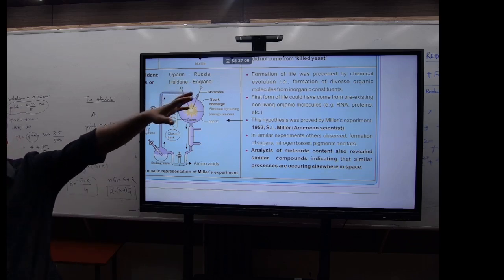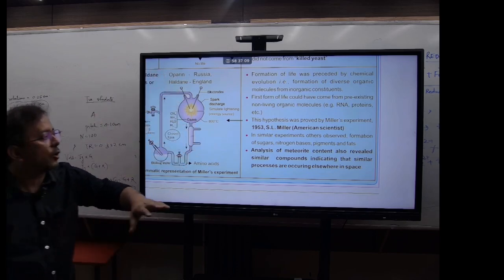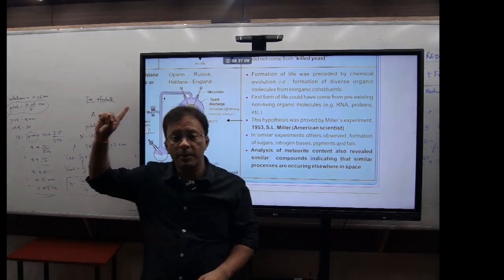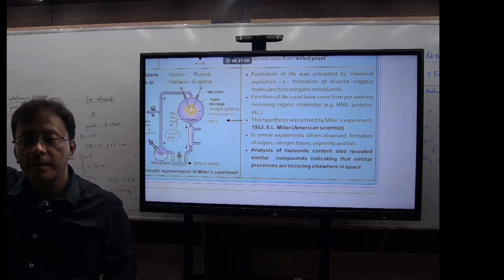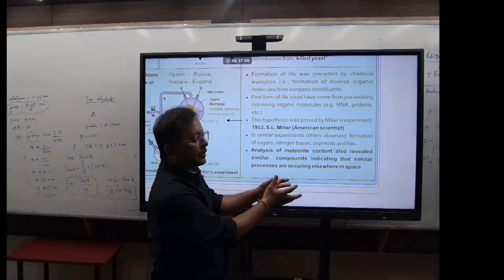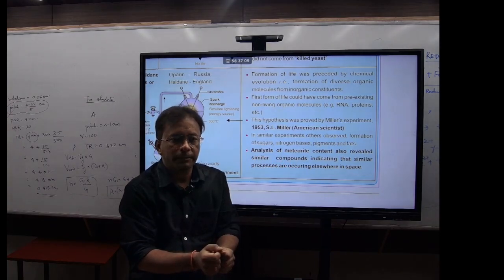Means formation of simple organic molecules, then there is a formation of complex organic molecules like RNAs and proteins. In the last class we mentioned, remember, the first genetic material was actually RNA. So these molecules became the precursors for all the life on the earth.